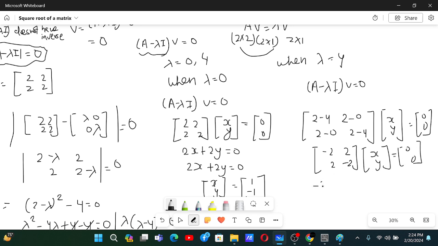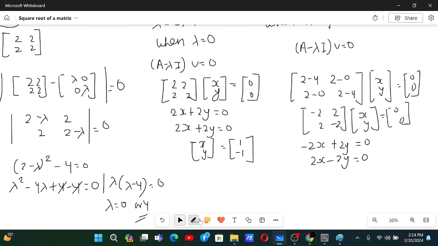So we have minus 2x plus 2y equals 0, or 2x minus 2y equals 0. That's why we have our eigenvector as x, y, and we can take 1, 1. That will work. So we now have both the eigenvectors.